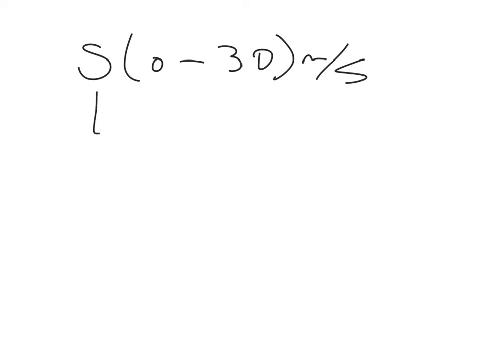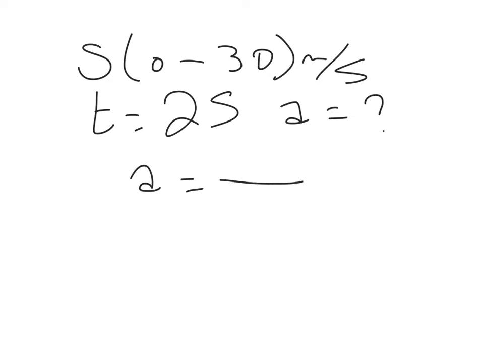The speed went from 0 to 30 meters per second, and your time is 2 seconds. Can you calculate the acceleration? What is the formula for acceleration? Acceleration, not for speed.